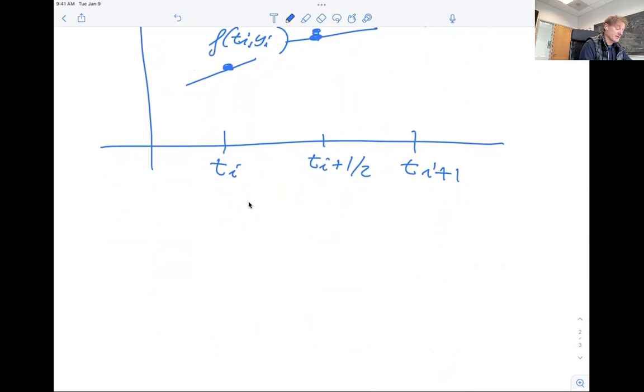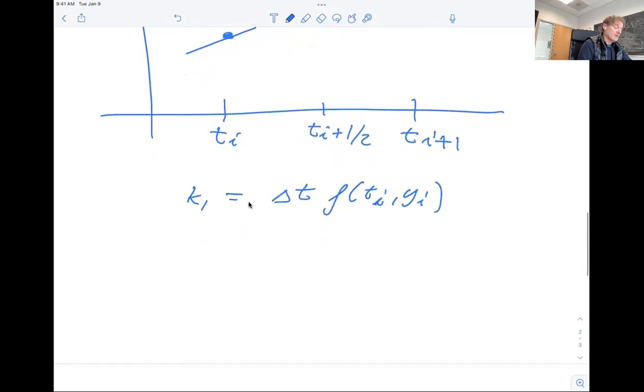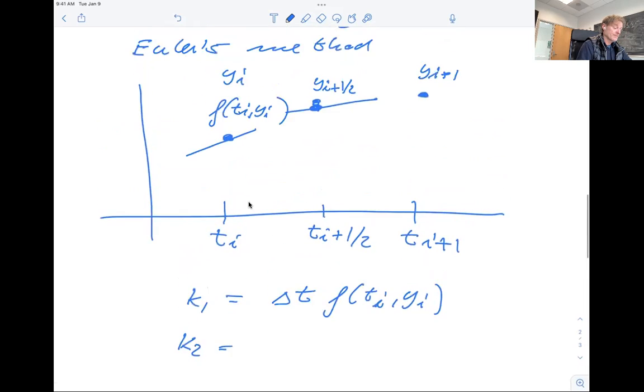Now, from a calculational point of view, what we end up with is having to calculate some specific quantities. And you will often see in codes for the Runge-Kutta method that people introduce a quantity which we would call K1, which is delta t times f of t of i, evaluated at t of i and y of i. Then we have a K2 here. So K1 is our original slope, which we calculate.